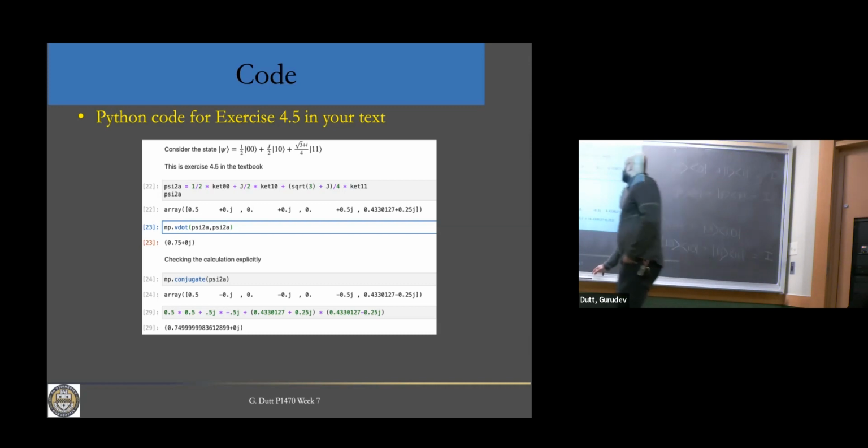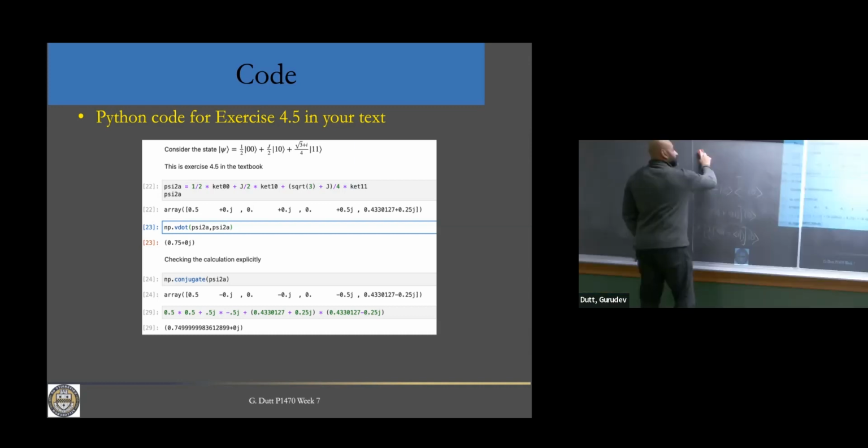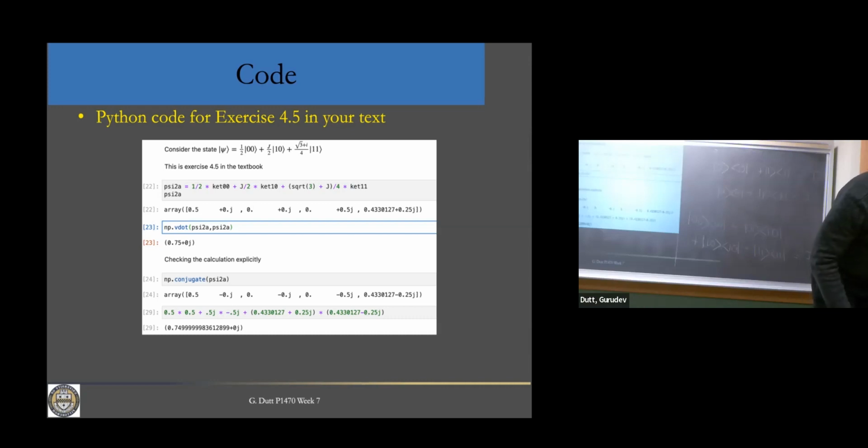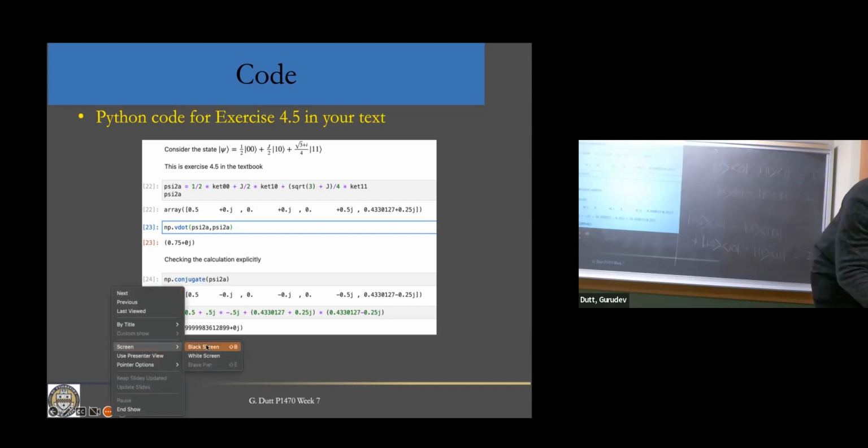Let me keep that on till I erase it. I won't remember. Okay, so the state psi is equal to, oh, I already forgot.